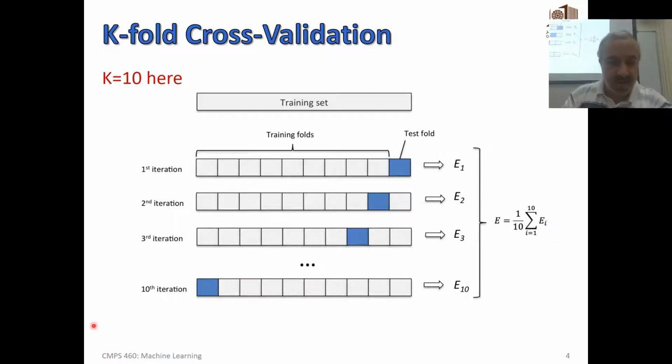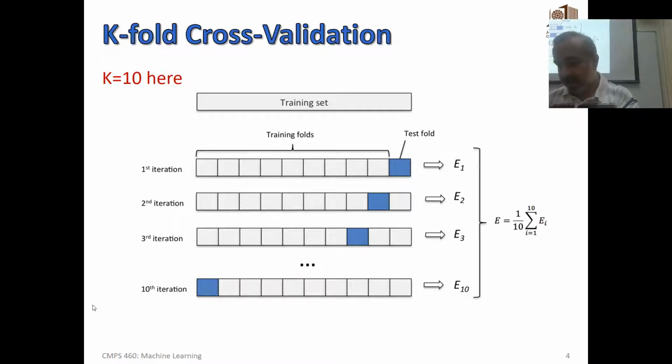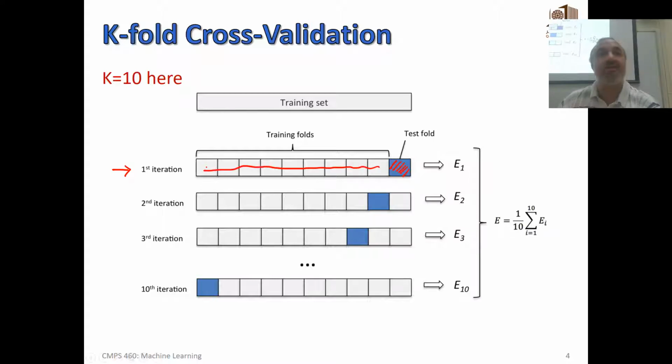So, if we look at the first iteration here, we have this fold as the test set. We will train the model on these 9 folds and then test it on this fold.